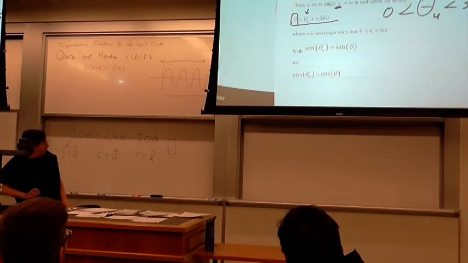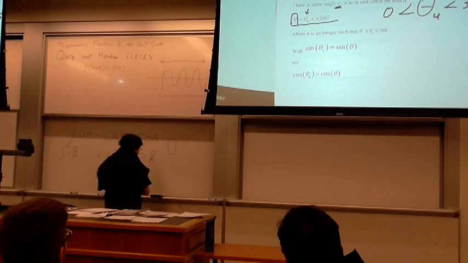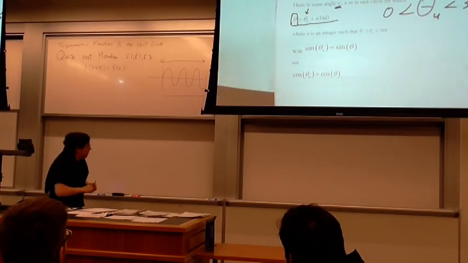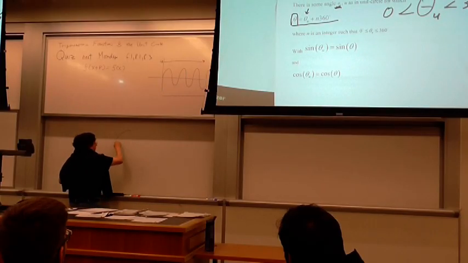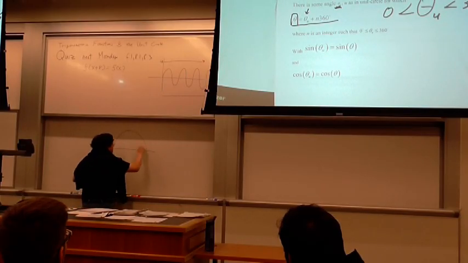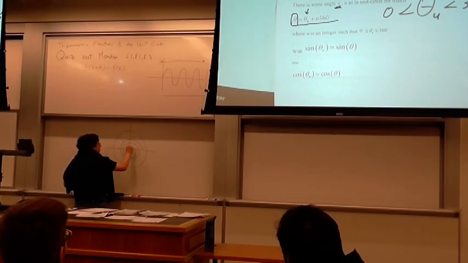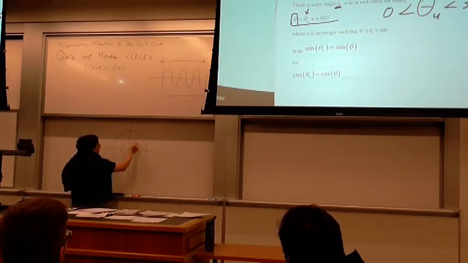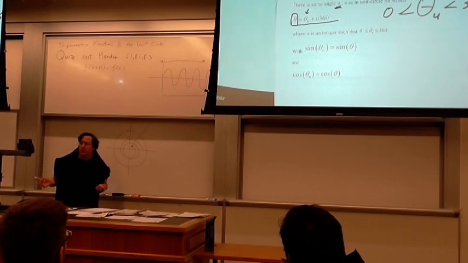So really all I'm saying is that you have a circle, and you have some angle that may go around some number of times. But that angle is equivalent to some angle between 0 and 360 degrees, which has the same sines and cosines.